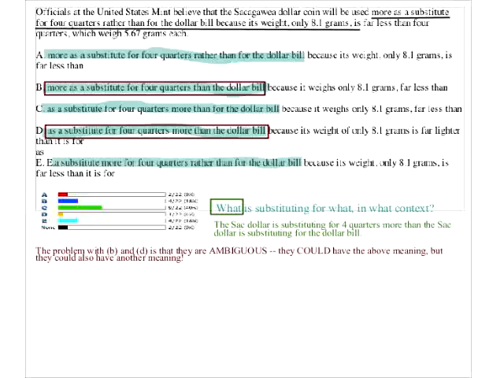So like B could mean what it's supposed to mean, but it could also mean that the SAC dollar will substitute for 4 quarters more than the dollar bill will substitute for 4 quarters.